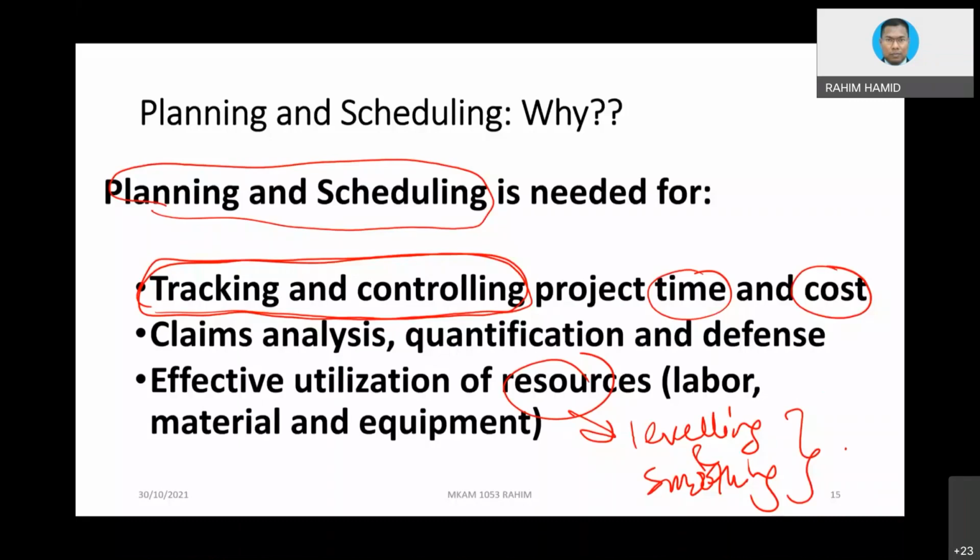Example, let's say you only have one tower crane. Then later on, you put in a list of activities, and all those activities require the same tower crane. But at the end of the day, you will notice that the resource is conflicting, meaning one tower crane has to work in maybe 3 different areas, which might be very difficult in terms of logistics.